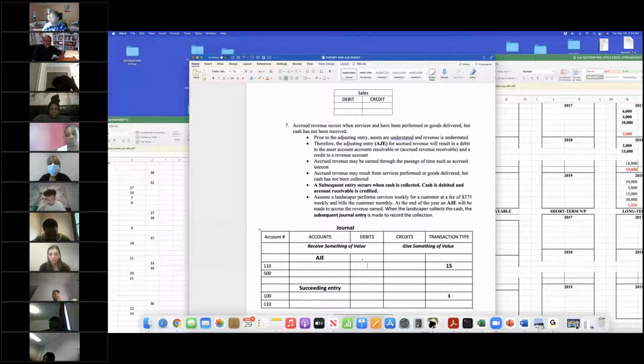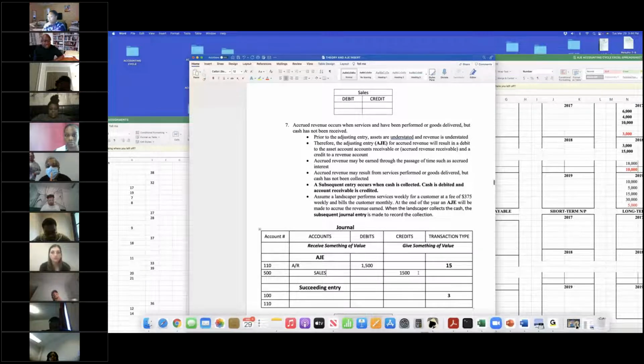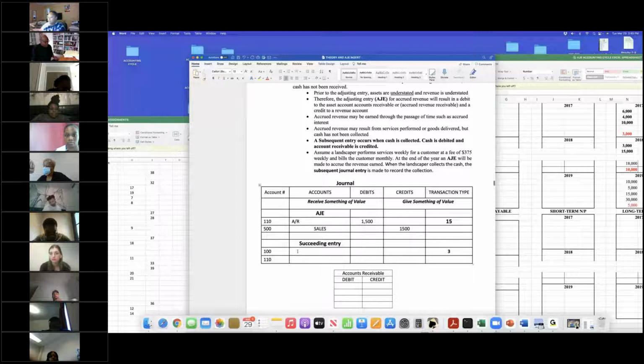We debit accounts receivable and credit sales, because the work has been done. That's all that's happening in the ones that involve accrued revenue. Then when you get the cash, it's a type 3. We're going to debit cash and credit accounts receivable. So we've already worked this one.